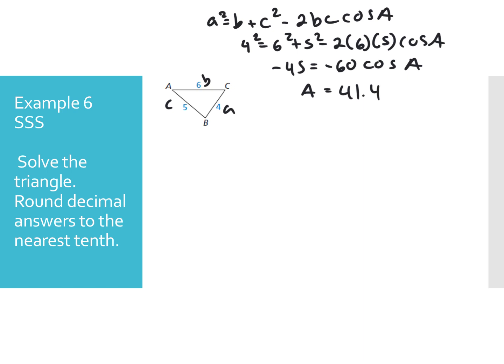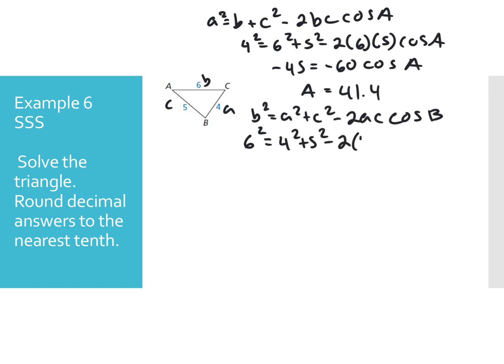Now I'm going to do the same thing for angle B. So we get B squared equals A squared plus C squared minus 2AC cosine B. B squared is 6 squared, 4 squared, 5 squared, minus 2 times 4 times 5 cosine B.